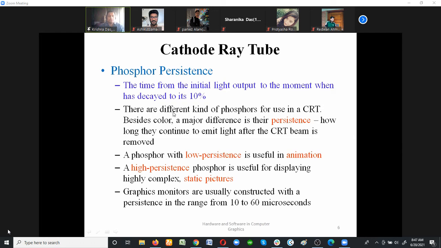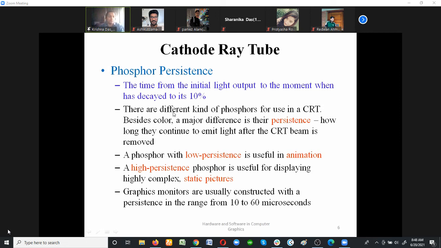Now, what is the consideration here? It is said that from the highest illumination, the intensity of the light at 100%, it goes down to 90% as it loses the light, because the electron beam touches it, then the electron beam is gone, and it glows for a while.